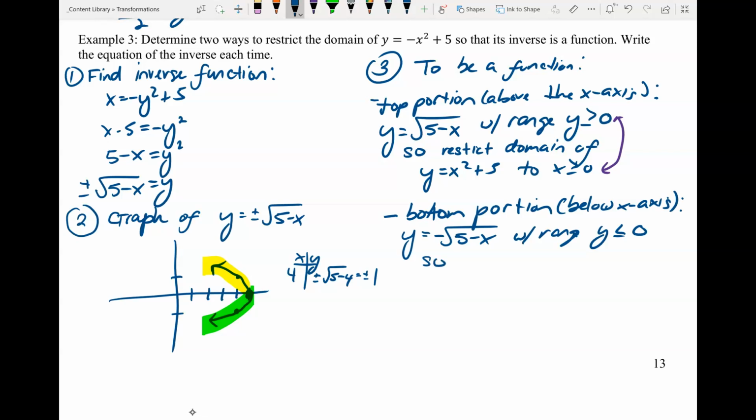So then if I want to refer back to my original function, we're going to have to restrict its domain so that x is smaller than or equal to 0. Remember, it's the same sort of thing as the one from above, where my original function's domain becomes my inverse function's range because your x and y values switch.